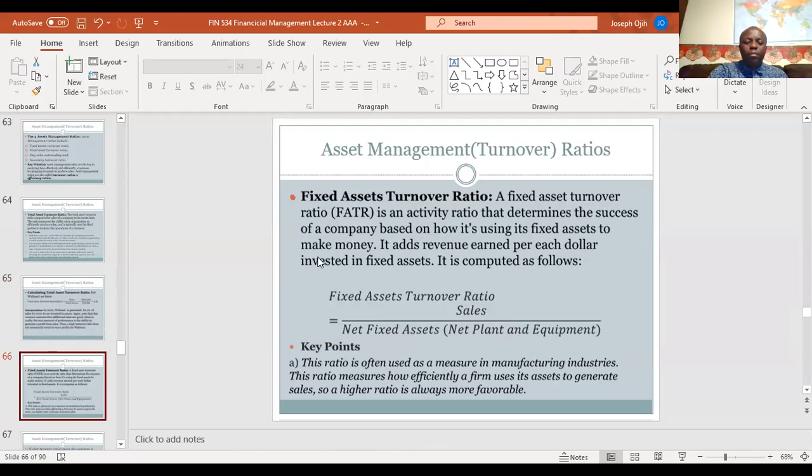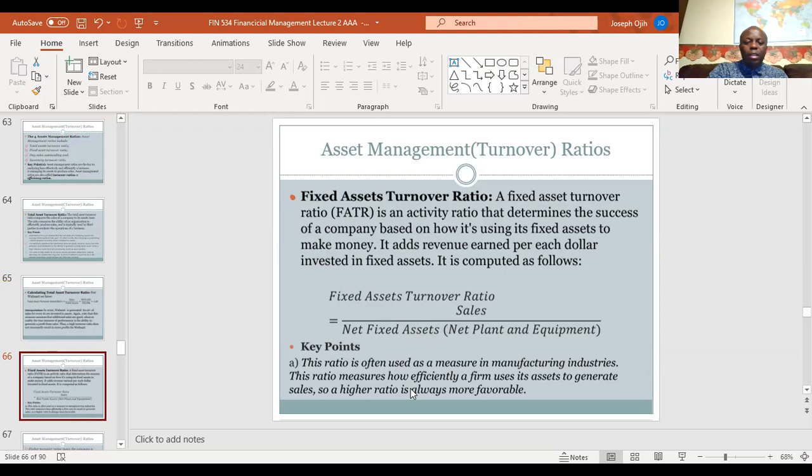This ratio helps us determine how successful a company is at using their fixed assets to make money, to generate sales. So how good are they at doing that? Now, the formula is: fixed asset turnover ratio is sales divided by net fixed assets.